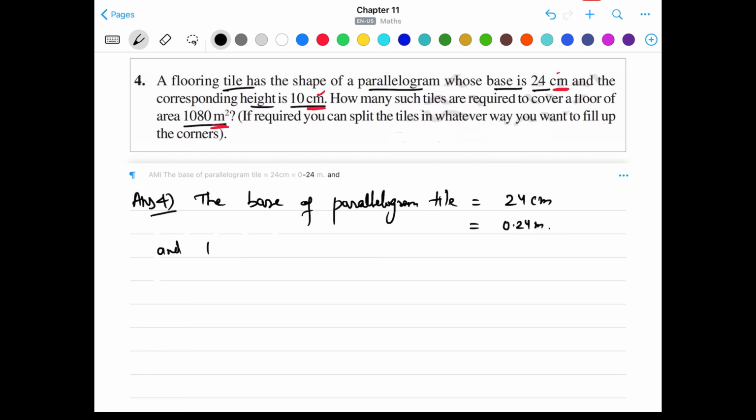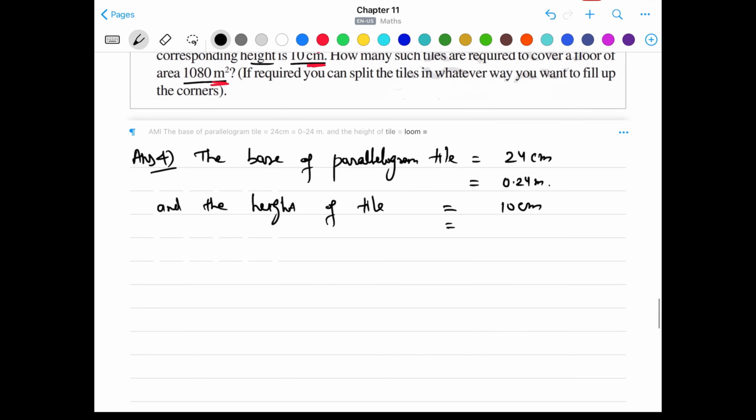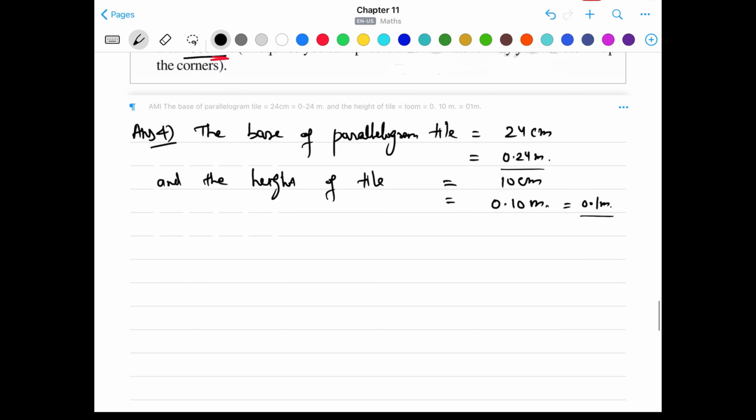And the height of the tile is equal to 10 centimeter. 10 centimeter converted to meter, we divide by 100, so the answer will be 0.10 meter, or you can say 0.1 meter. So this is its base, and this one is the height, which is converted to meter.